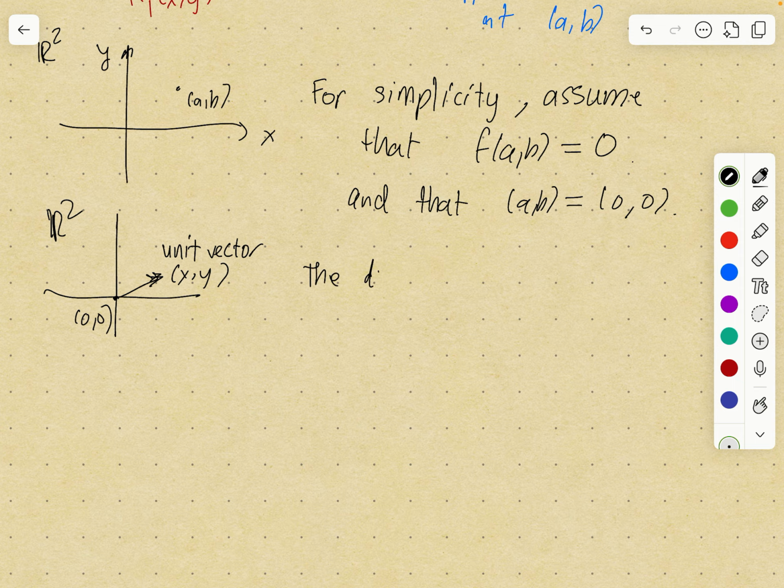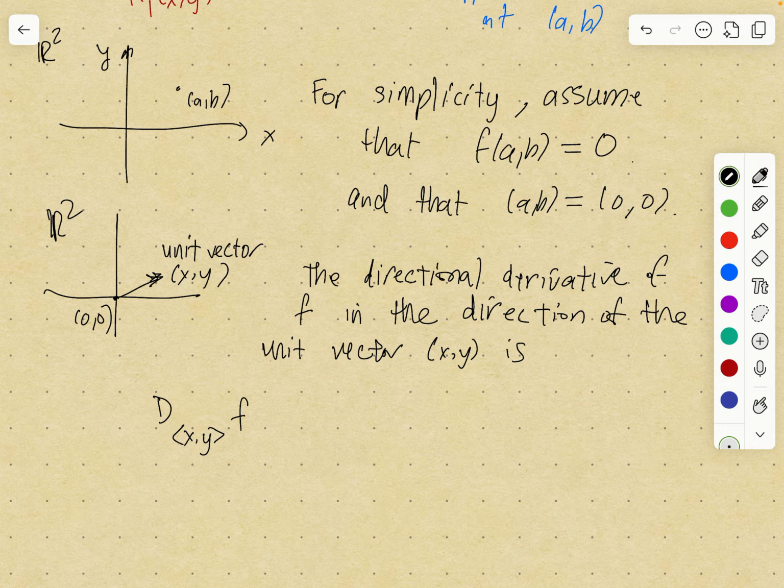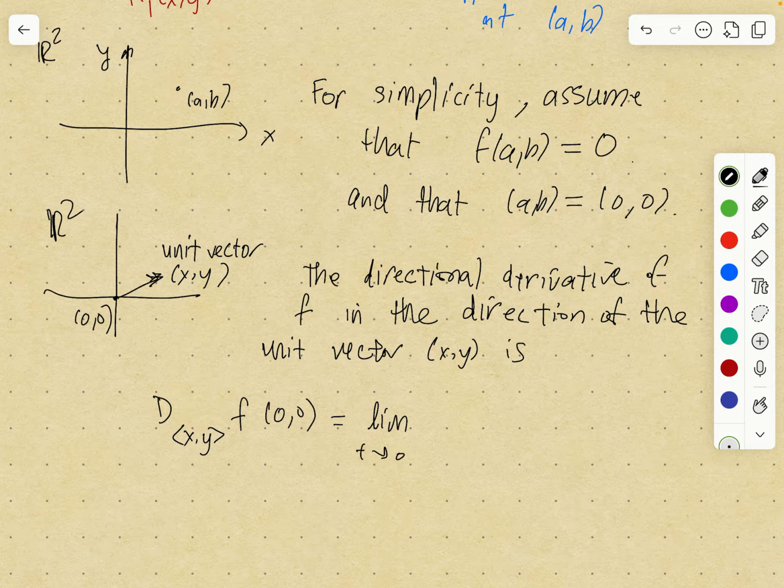So the directional derivative of f in the direction of the unit vector xy is, well, it's defined to be, okay, so d sub xy of f, evaluated at 0, 0 is equal to, by definition, the limit as t goes to 0 of f of, so you take your a comma b and then you add t times that vector.